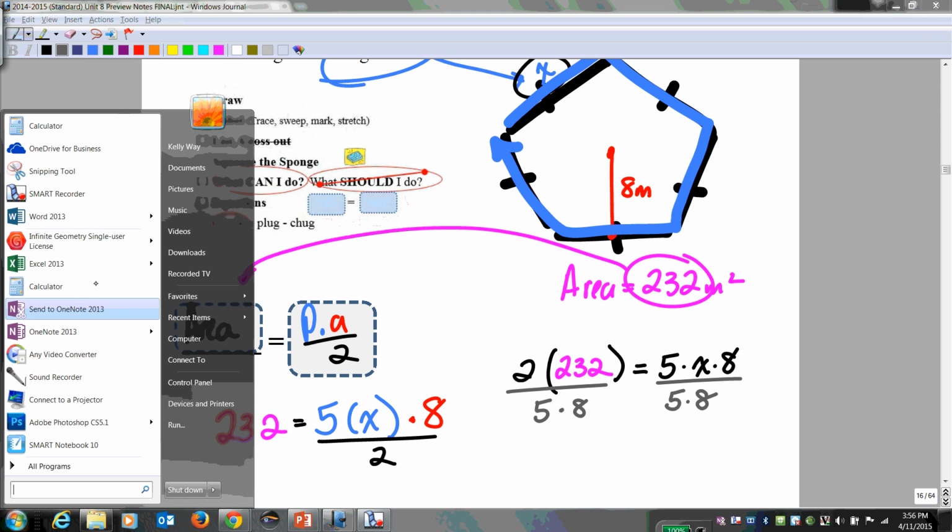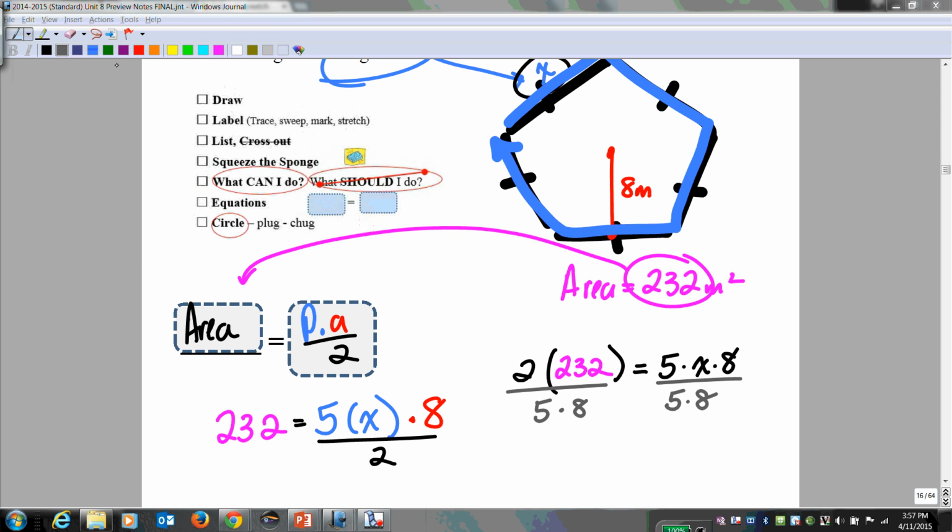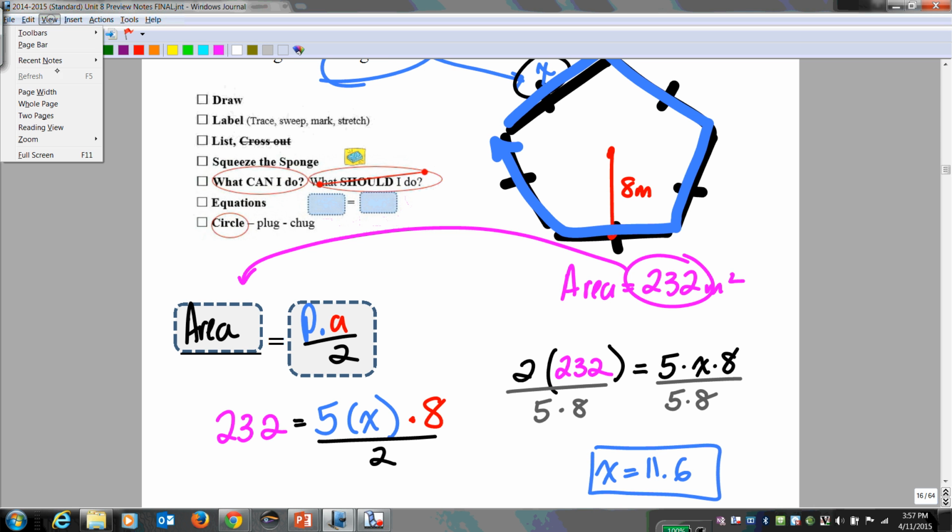And so we basically have 232 times 2 divided by 40. And we get our side length is 11.6. You were allowed to use a calculator, so don't freak out with the decimals there.